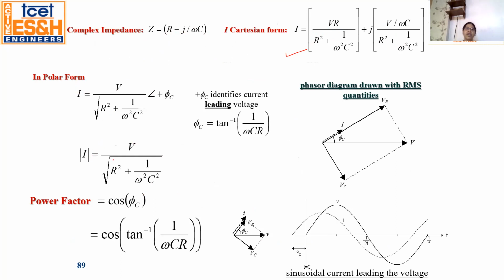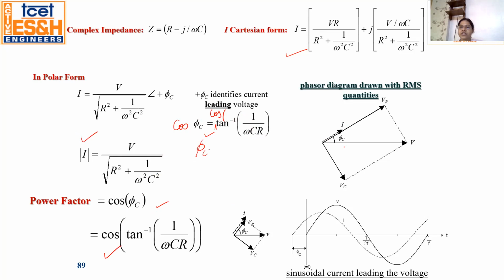The magnitude of the current is V divided by the square root of R square plus 1 upon omega square C square. Whereas you can find phi C from this formula, tan inverse of 1 upon omega C R. If you want to find cos phi, multiply it with cos here, and here also, so you will get your cos phi.